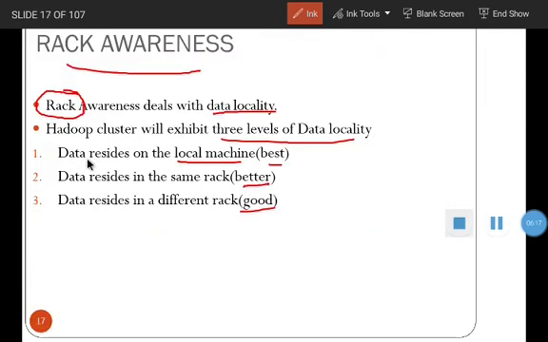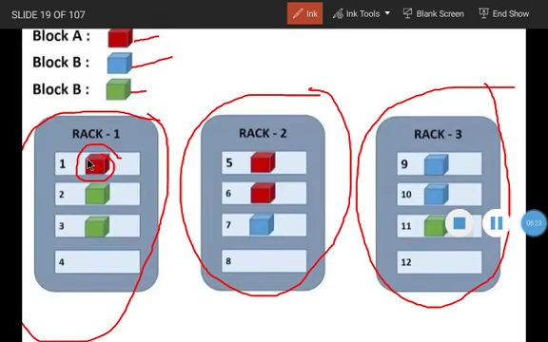If it is in the same rack, it is better, and if it is in a different rack, it is good. Suppose this data resides here, then it is only good. But if this one and this one are in the same rack, it is better. This is rack awareness with regard to data availability.